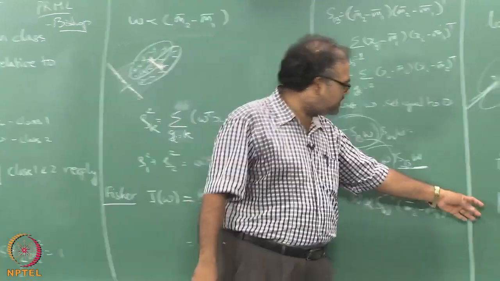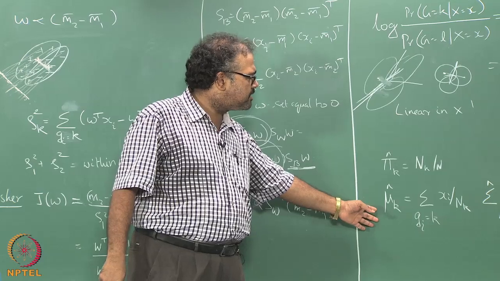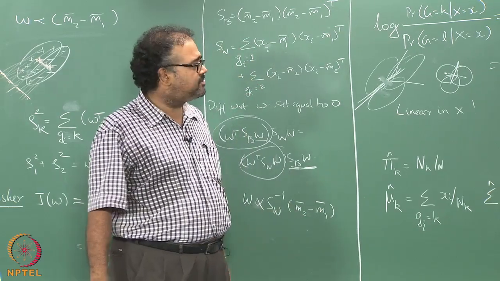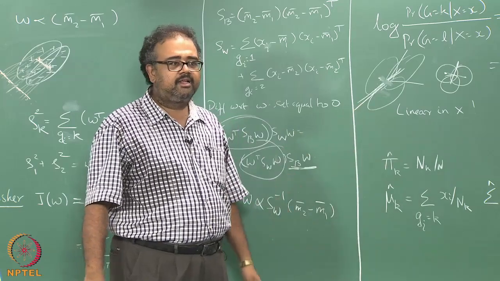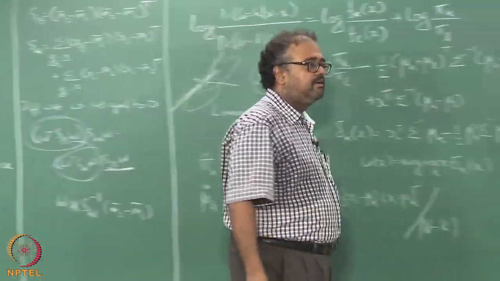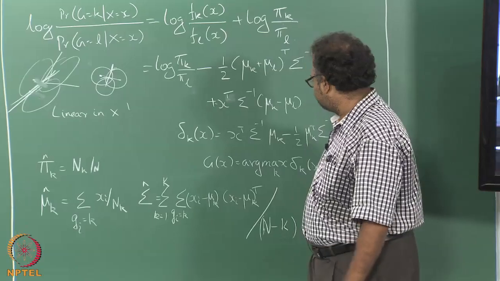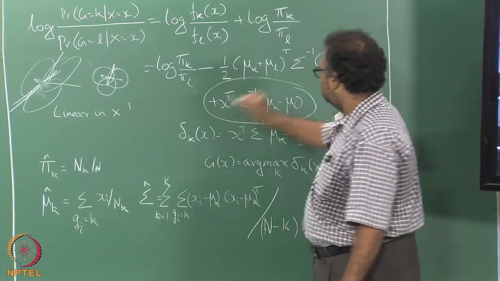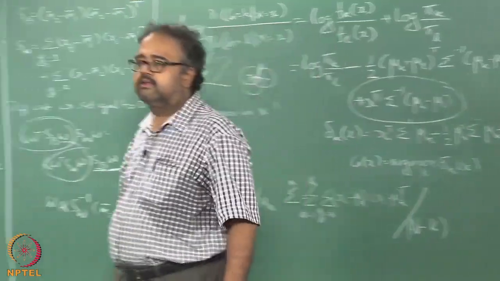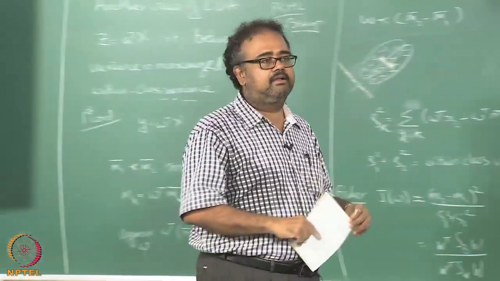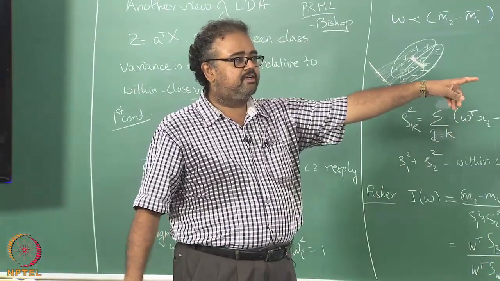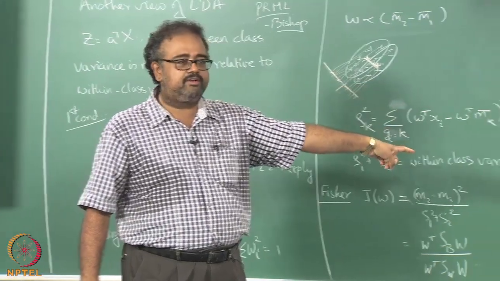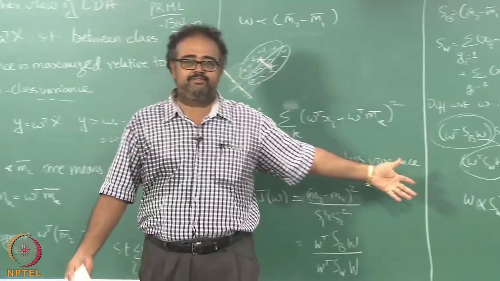But how does this relate to this? See any relation between this and that? Think about it, that is basically what we are doing there, right. So sigma inverse is SW inverse, just using different notation here.